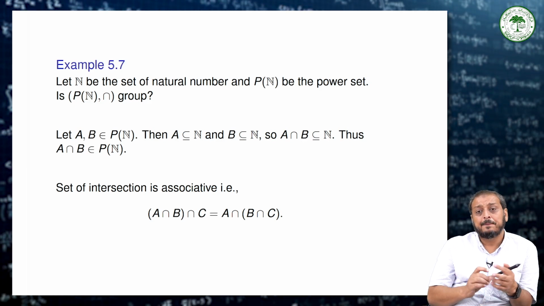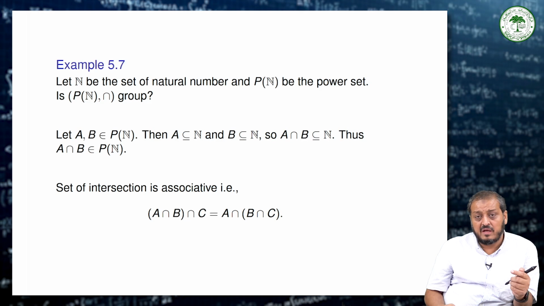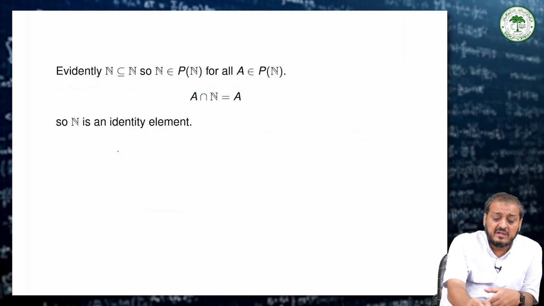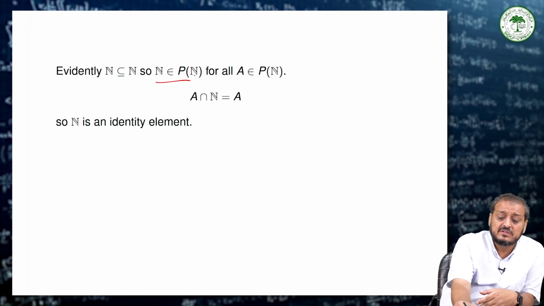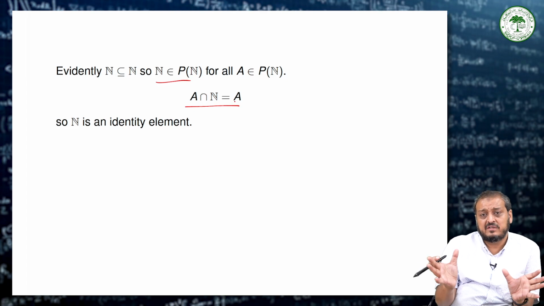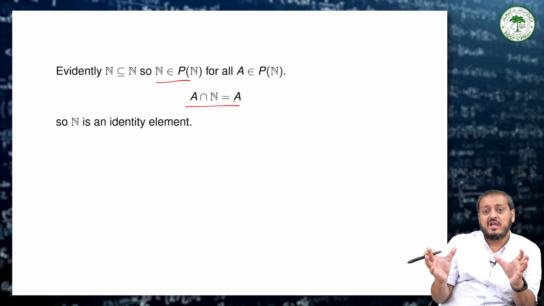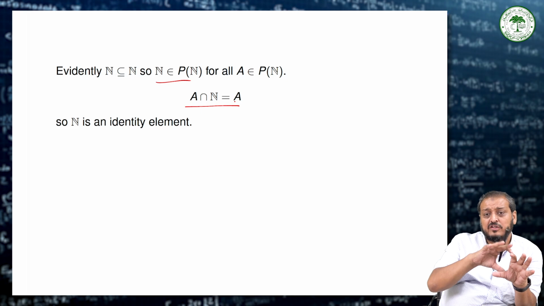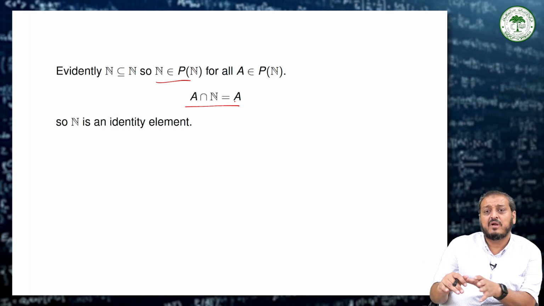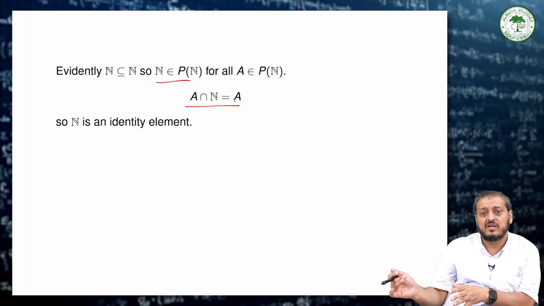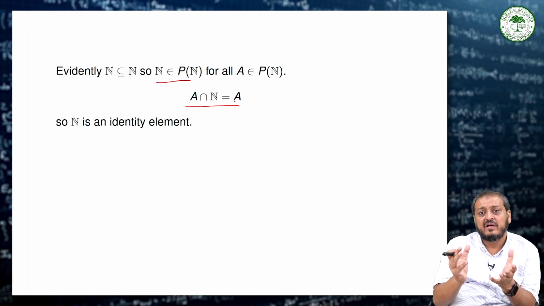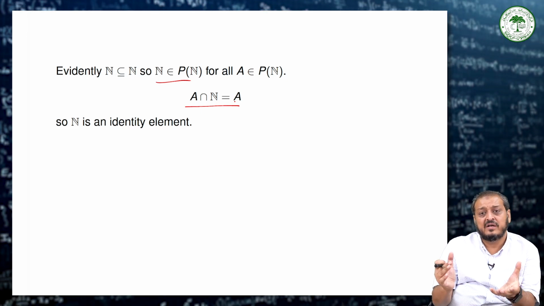Now, any element A of the power set is a subset of N, the whole set of natural numbers. If we take A intersection N, it gives you A, clearly. So we can say simply that the whole set N works as the identity element.